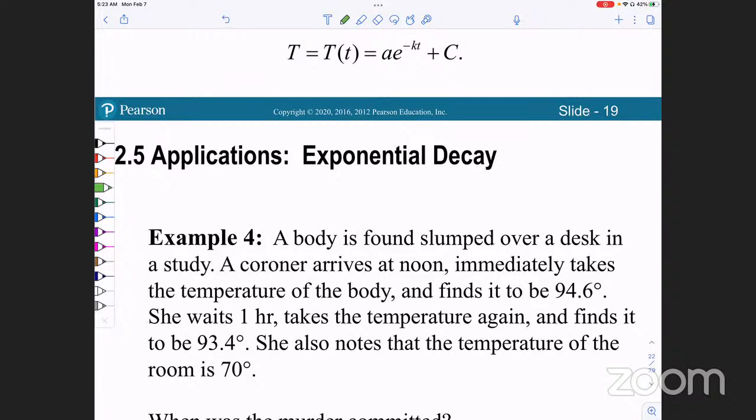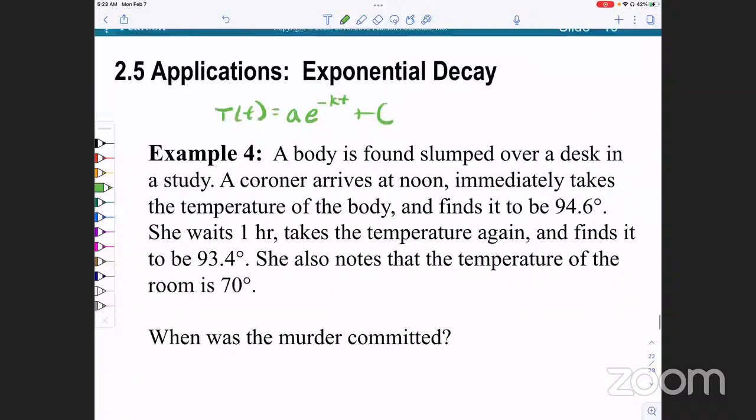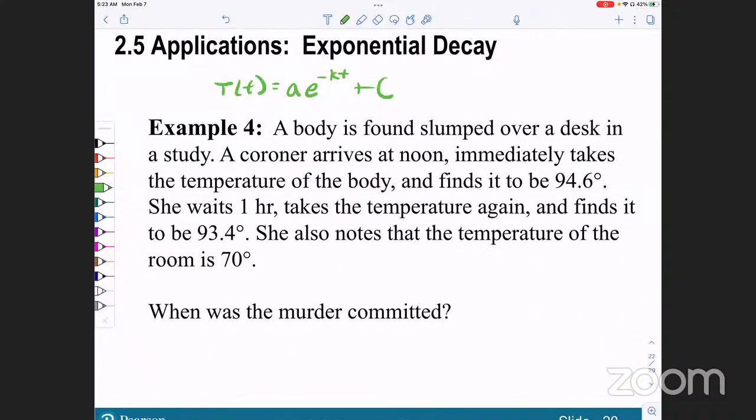Newton's law, temperature based on time, is A e to the negative KT plus some constant, right? Some other information that we got: she arrives at noon and immediately takes the temperature of the body.